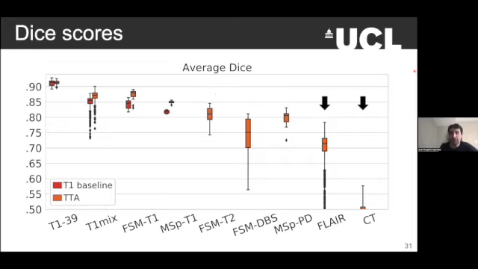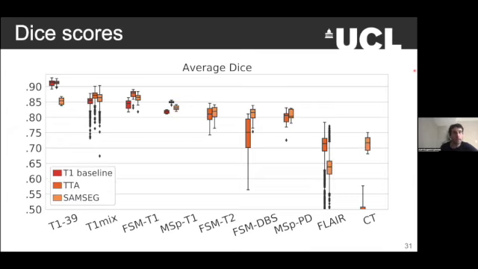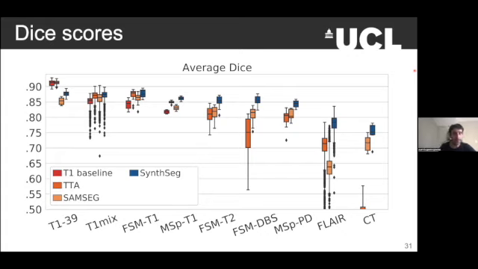But in some other domains, it doesn't really work that well. SAMSEG is pretty good, strong performance across the board, always above 0.8, even if marginally for the proton density. But the problem is when you go to the low resolution data sets, it just falls apart. It really doesn't work. And SynthSeg is pretty good across the whole board.